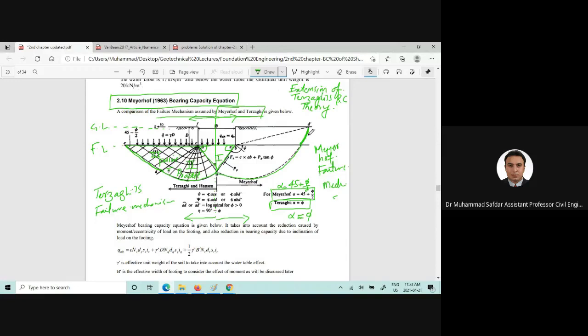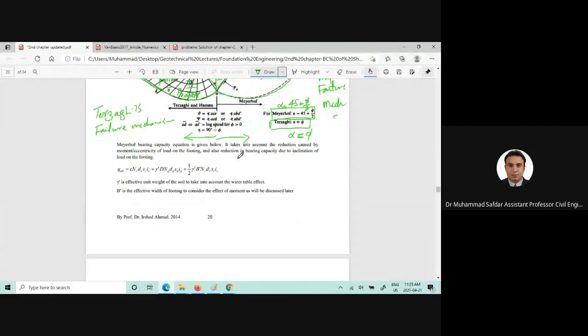So the shear strength of this part is included in deriving the bearing capacity equation for Meyerhof. So this is the second difference which we can clearly see here. What would be the third contribution of Meyerhof to finding the bearing capacity of the soil?